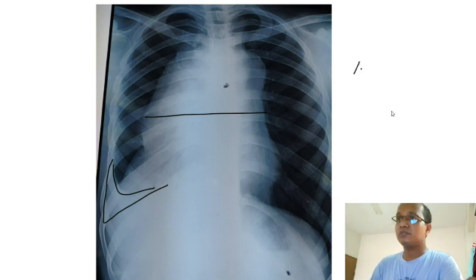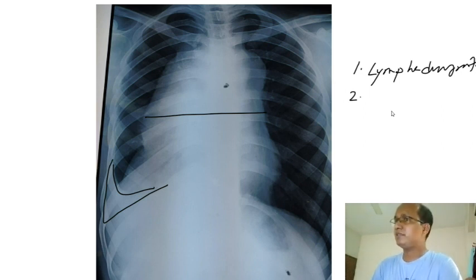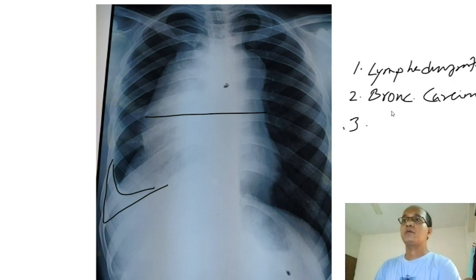The most important one is lymphadenopathy, that means mediastinal lymphadenopathy. Number 2, malignancy, it may be bronchogenic carcinoma. And number 3, it may be aortic aneurysm, very unlikely.